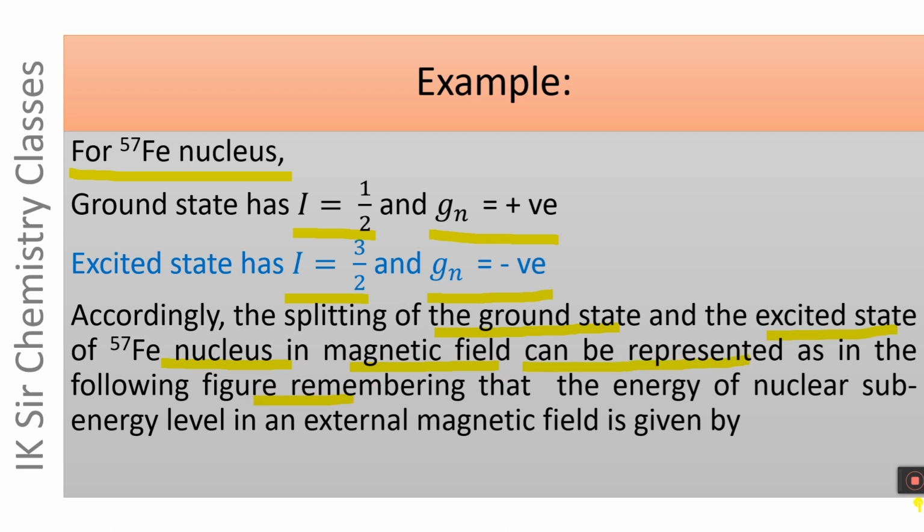Remembering that the energy of a nuclear sub-energy level in an external magnetic field is given by E equals minus H gn beta n Mi, as we have seen earlier, the splitting of ground state and the excited state of Fe57 nucleus in the presence of magnetic field can be represented as in the following figure.